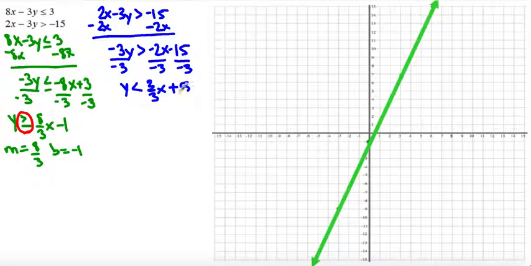Alright, and then I do the same thing with the blue line. So my blue line, the slope is 2/3 and it starts at 5. I start my graph at 5, and slope is 2/3, so I go up 2 to the right 3.